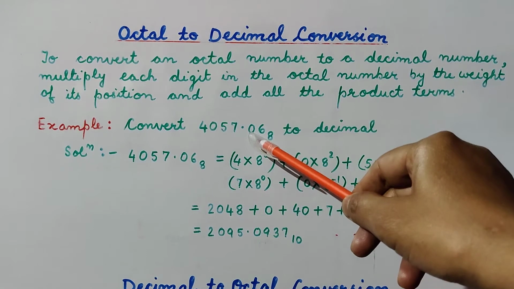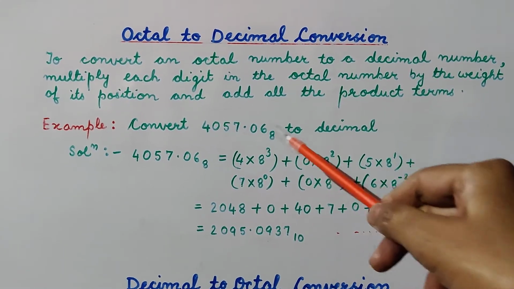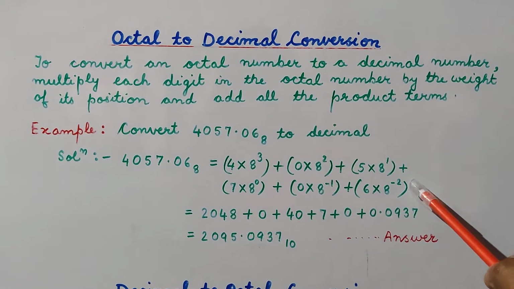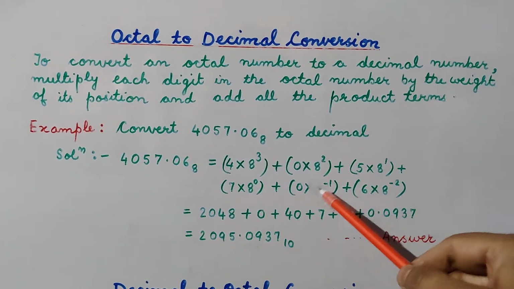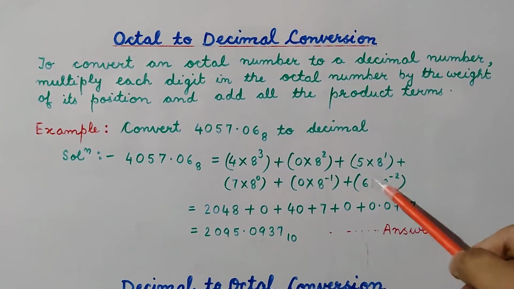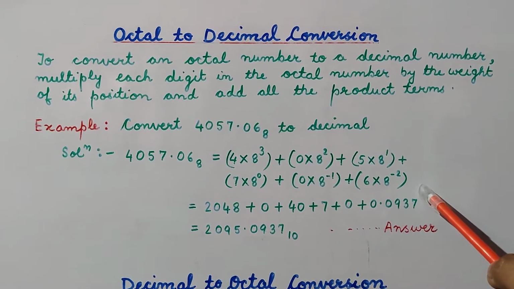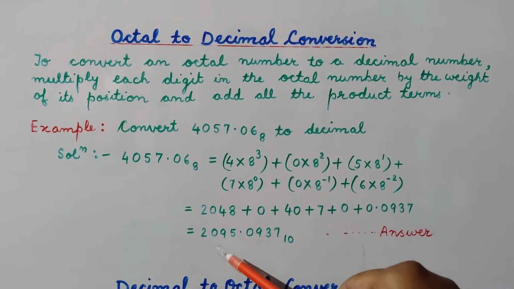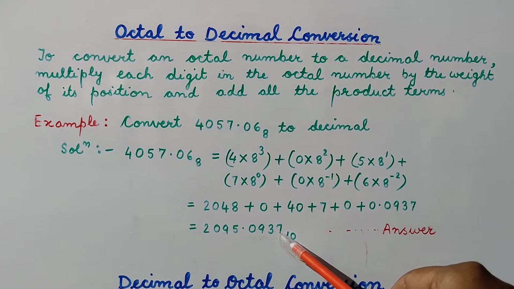Similarly, this 0 has a position weight of 8 to the power minus 1, and this 6 has a position weight of 8 to the power minus 2. So we have multiplied each digit of the octal number by the weight of its position, and then we have added all the product terms. After adding all these terms, the answer comes out to be 2095.0937.